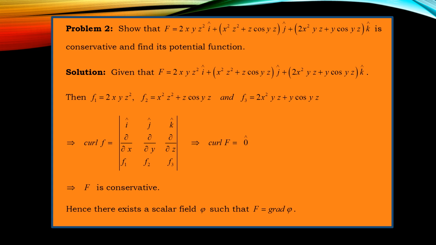This completes part 1 of our problem. After proving the given vector field is conservative, we have to find its potential function.